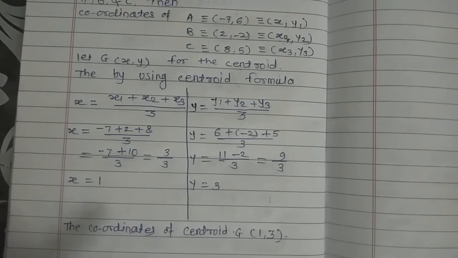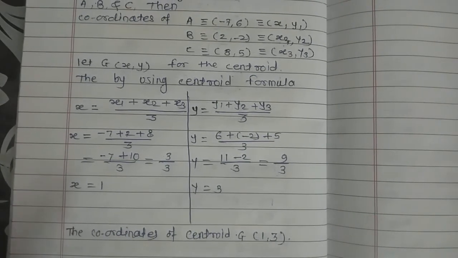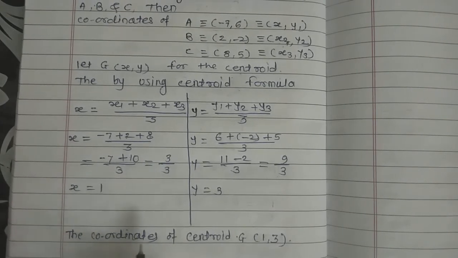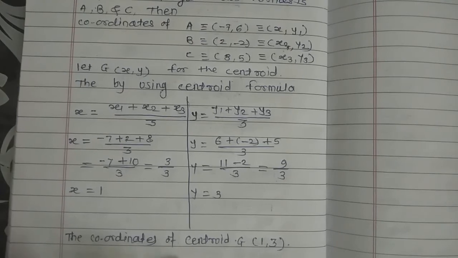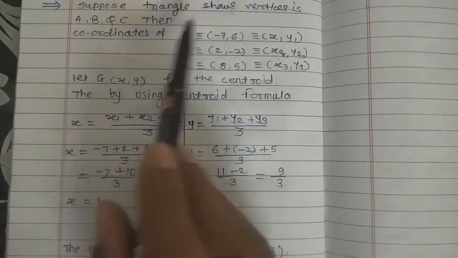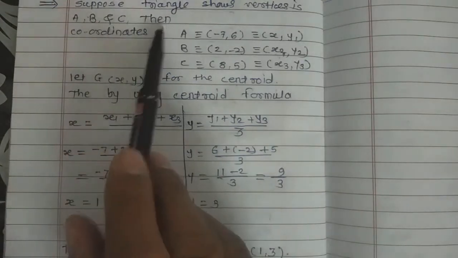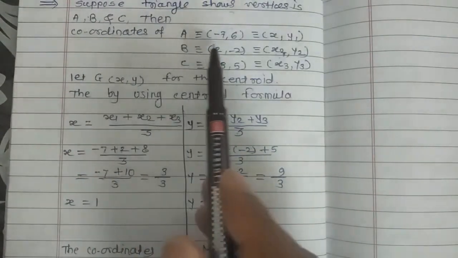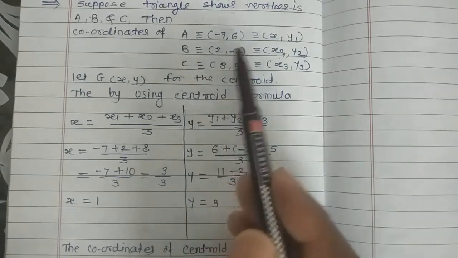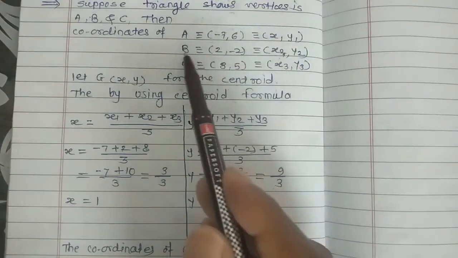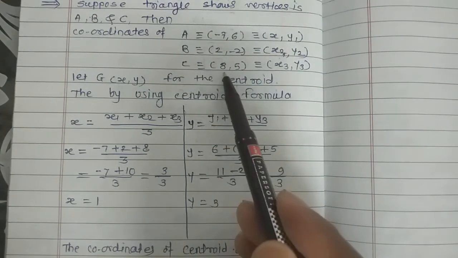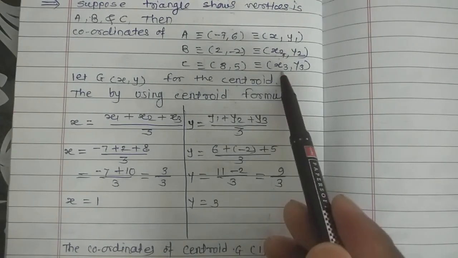So student, listen carefully. You should solve this example in your notebook. I will explain this example again. Suppose the triangle has vertices A, B, C, with coordinates -7, 6 for A, let them be x1, y1, 2, -2 for B, let them be x2, y2, and 8, 5 for C, let them be x3, y3.